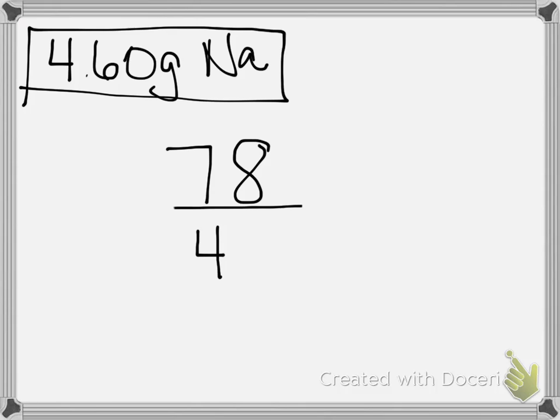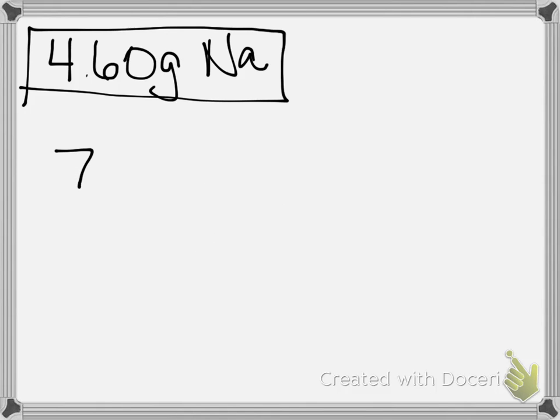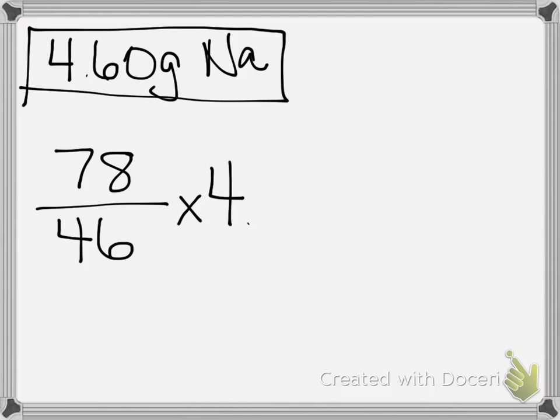So I get 46 on the bottom. Remember, I'm just going to slide this over here so I have room to write. So again, 78, my unknown, 46 is my known. I multiply by the given value from the problem, which is 4.60 grams.